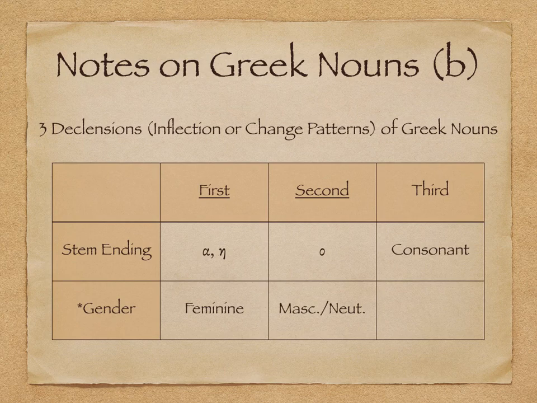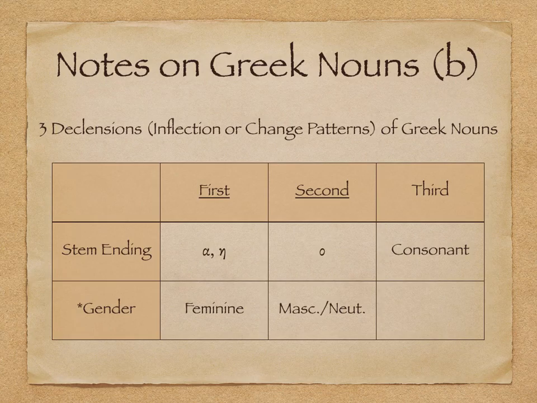There are 3 declensions in Greek nouns, or inflection patterns, we could say. First declension, the stem ends in alpha or eta. The second, omicron. And third declension, those nouns have a stem that ends in a consonant, and we'll deal with those later.